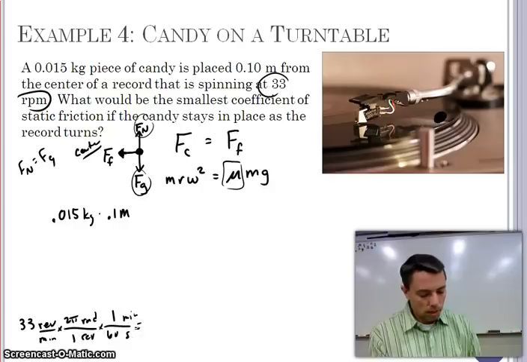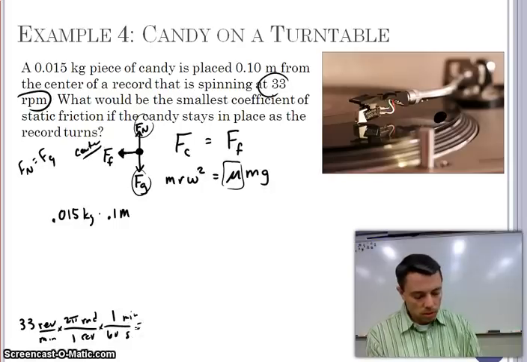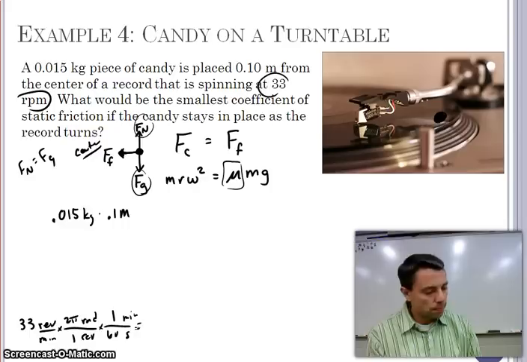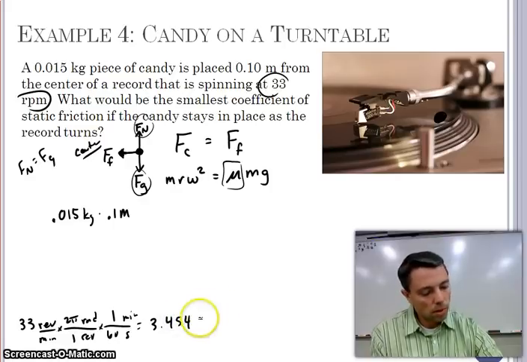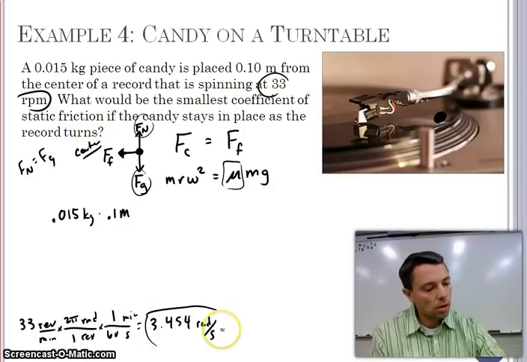So I'm going to do that math quick. 33 times 2 times pi divided by 60. That gives me 3.454 radians per second.